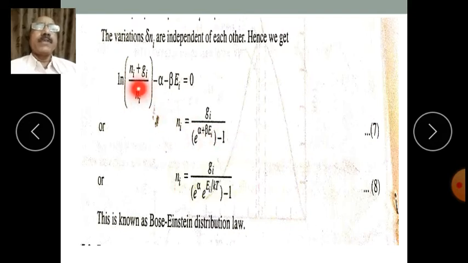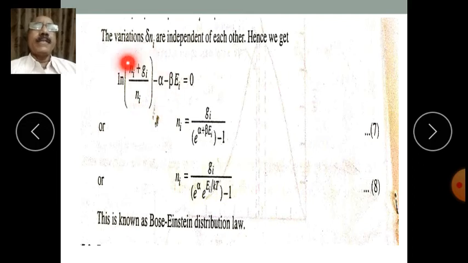Simplifying this equation, you can transfer this to the right hand side and take the antilog of both sides. What you get is (Ni plus Gi) upon Ni is equal to e to the power alpha plus beta Ei.